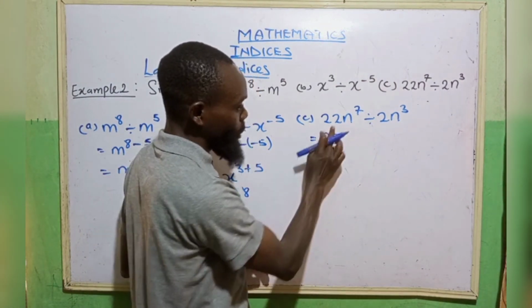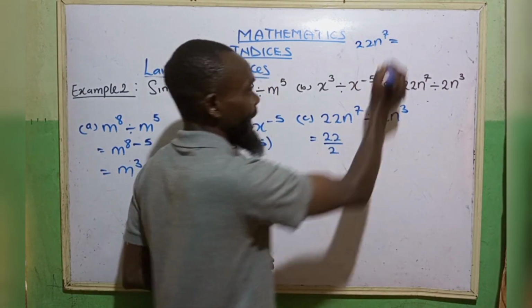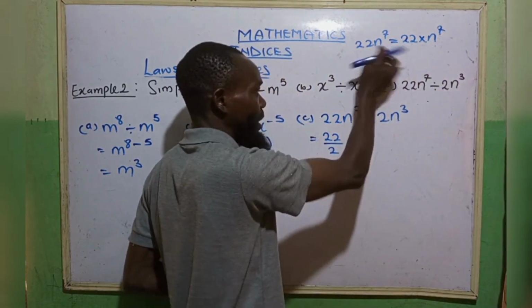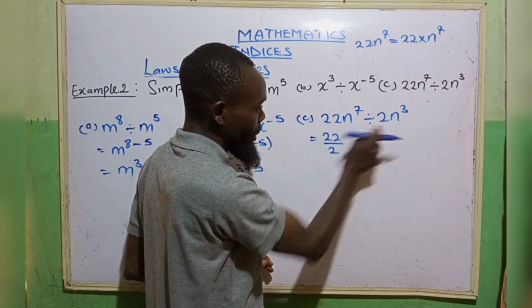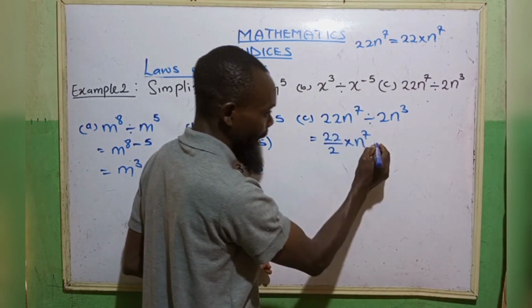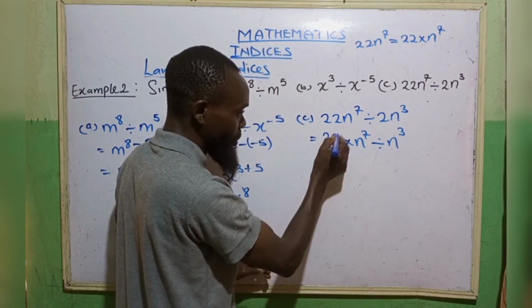And don't forget, 22n raised to power 7 can be written as 22 times n raised to power 7. So what is joining them together is multiplication. Fine. So 22 divided by 2, then multiplied by n raised to power 7, then divided by n raised to power 3. Meaning 2 here 1, 2 here 11.